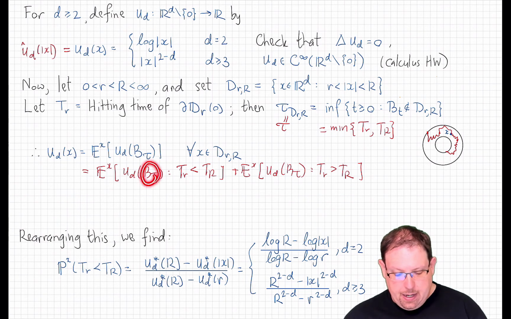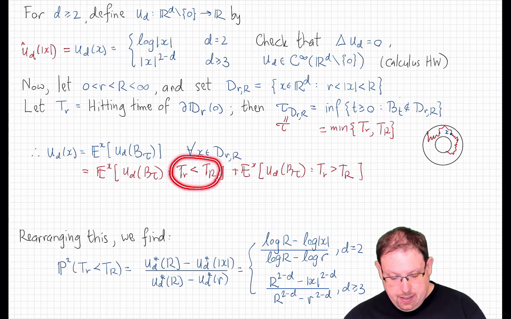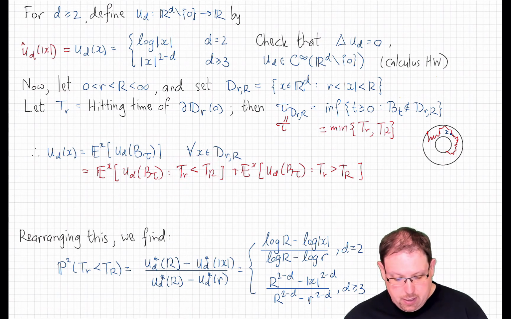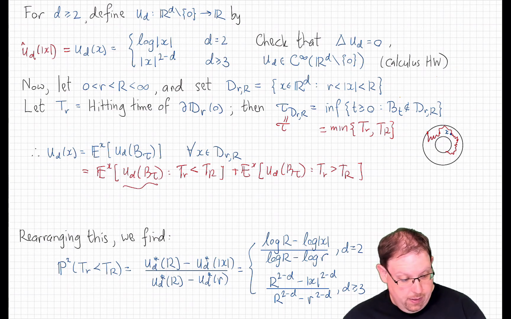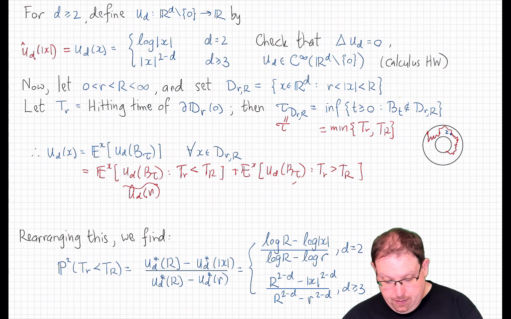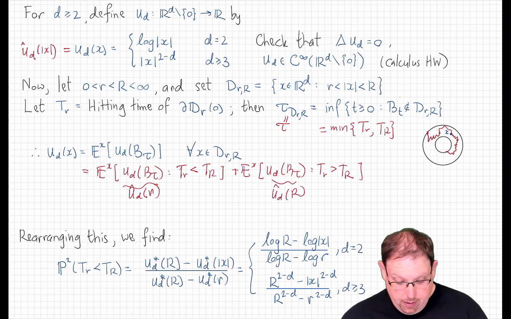Now, B_tau is a point on the boundary of the annular region, and in the event that t little r is smaller, that means that the exit is in the inner sphere, which is to say that this B_tau happens on the inner sphere, which means that this function is just u_d hat of little r. Whereas on this event, this is just u_d hat of big R. And those aren't random at all.